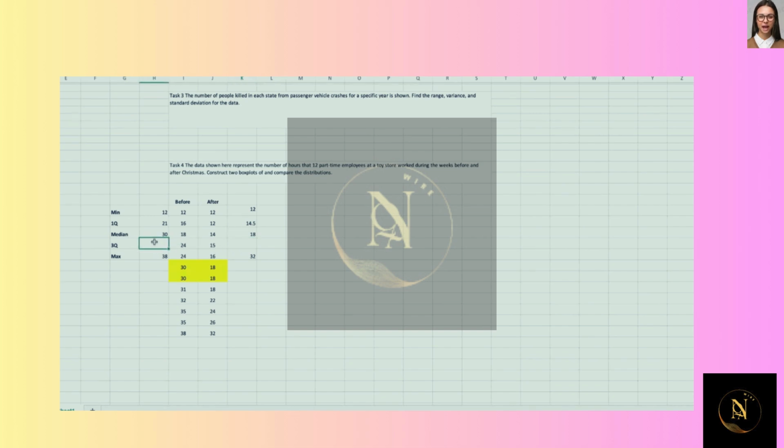Okay, and then the third quartile is in between 32 and 35. So it's going to go this number plus this number divided by 2.